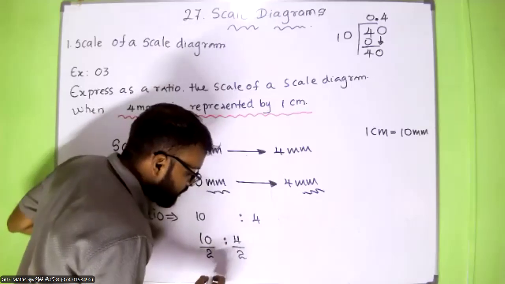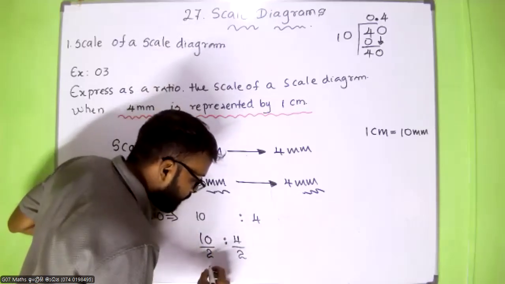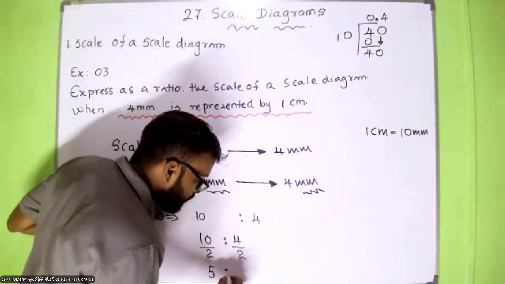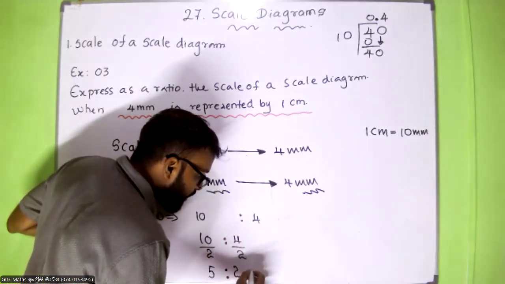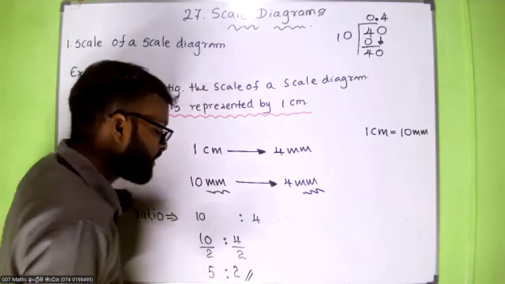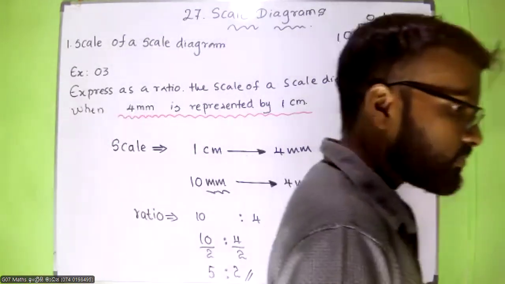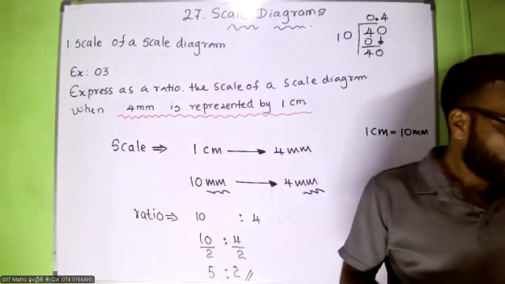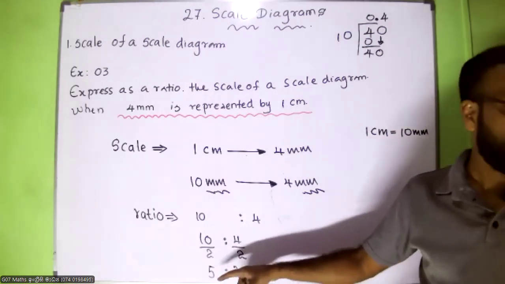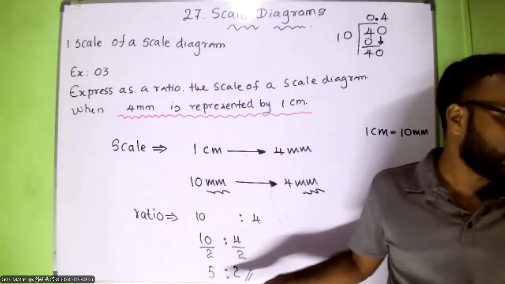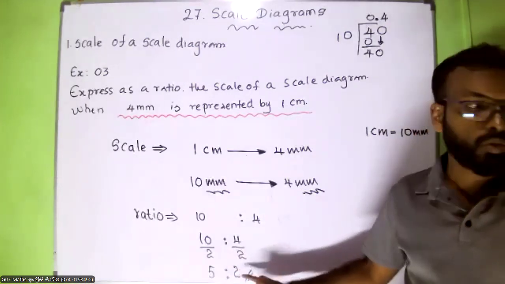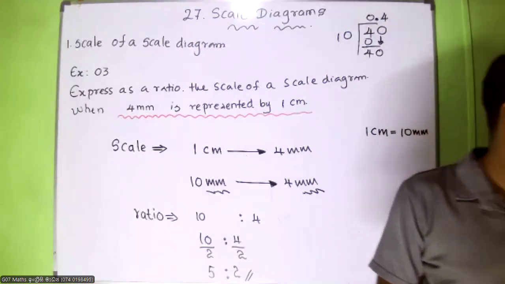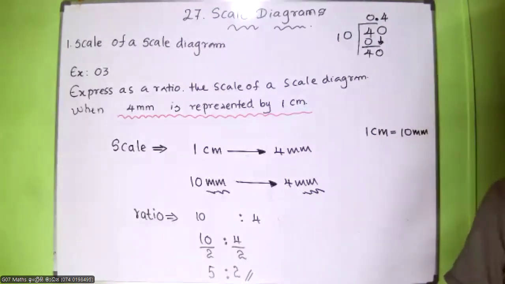So 10 divided by 2 is 5, and 4 divided by 2 is 2. So your answer will be 5 to 2. You cannot simplify further after this one. So your final ratio should be 5 to 2.